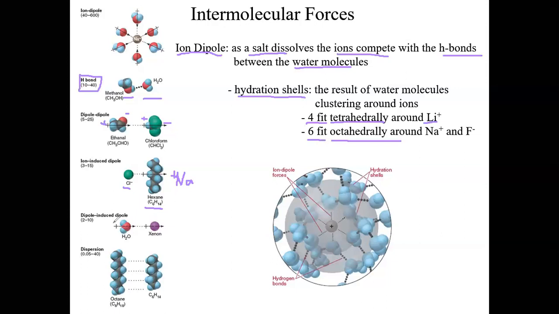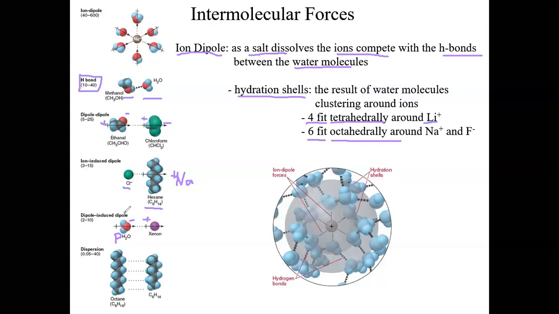Next, we have dipole-induced dipole. So dipole means it's polar. So for example, we take water, we mix it with xenon. Xenon is nonpolar, it has a temporary dipole. So the negative end of water interacts with the temporary positive end of xenon, and you get this dipole-induced dipole interaction.